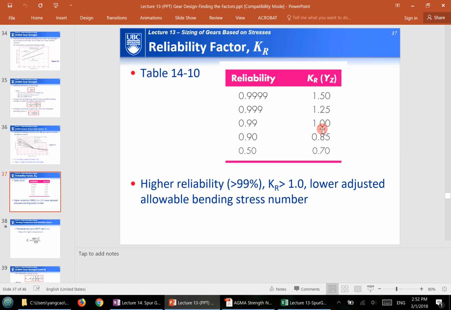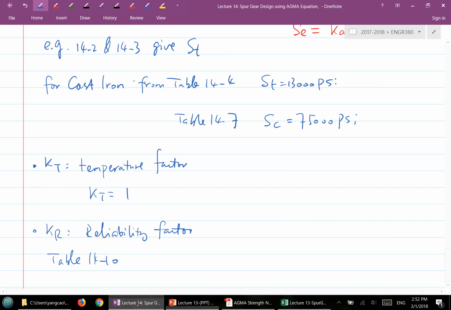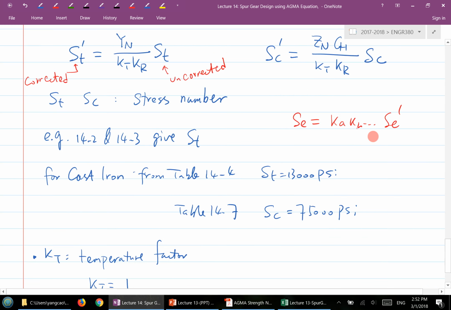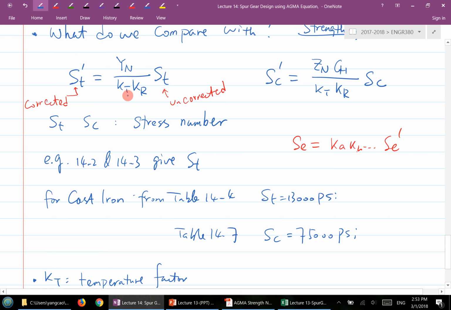In our particular case, we're using 0.9 as the reliability, so our KR will be 0.85. So that's KR. Looking back here, we find the bottom two factors.